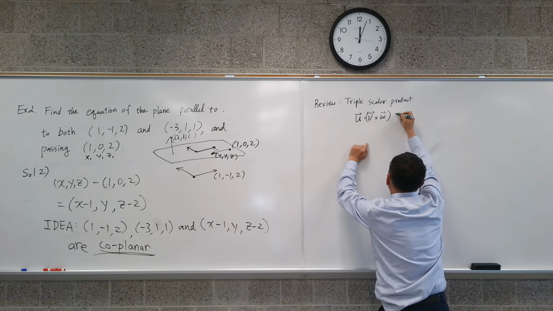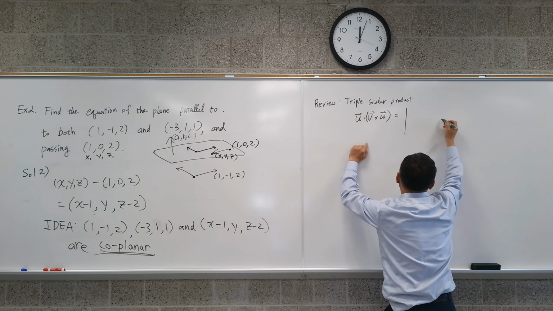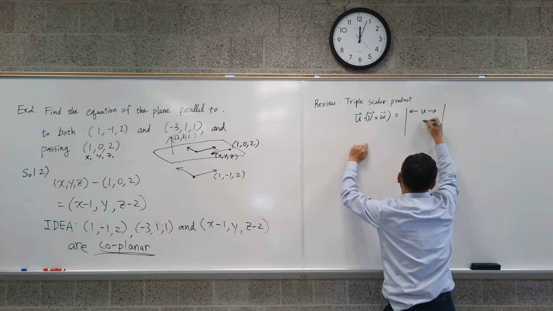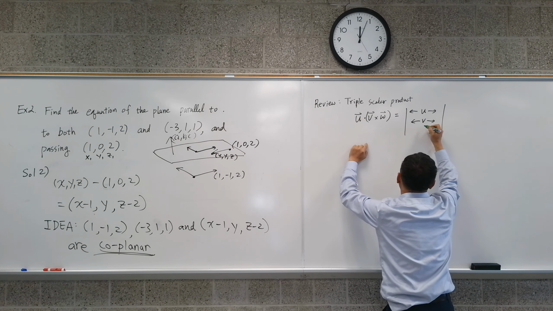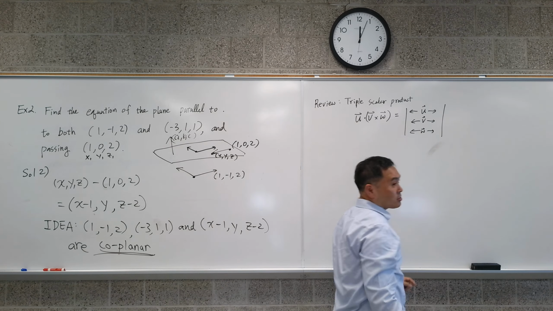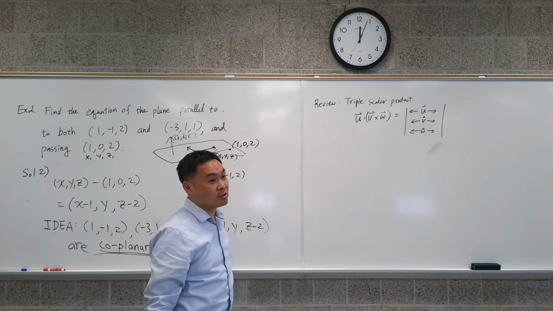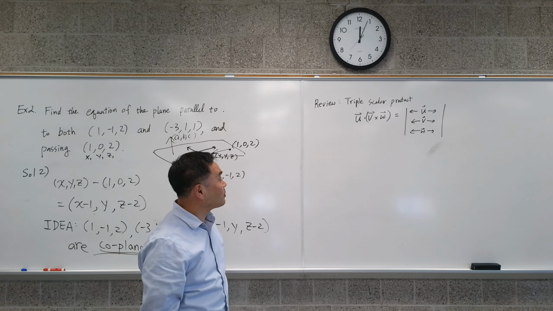Anyways, that's the same as just writing these vectors as rows, and then you just take the determinant of that.